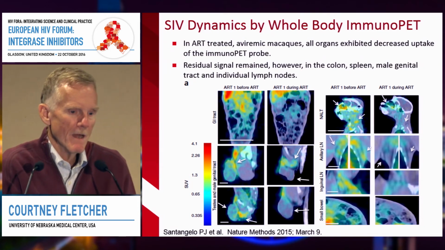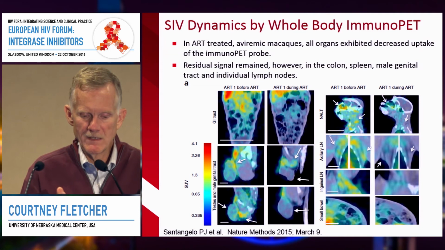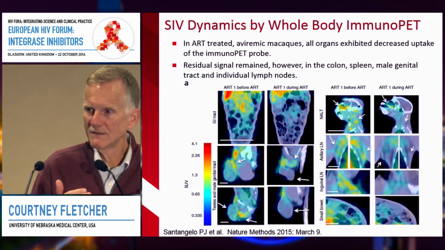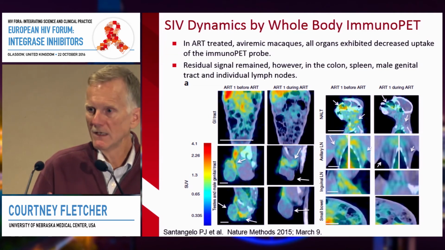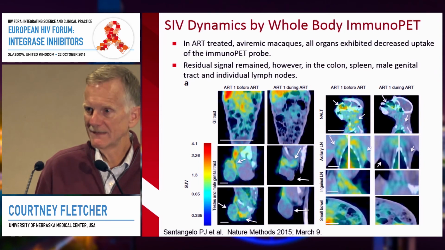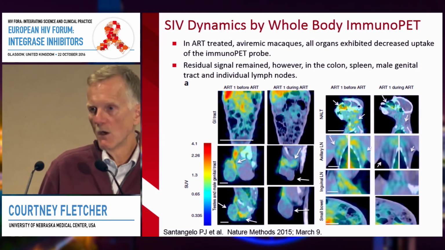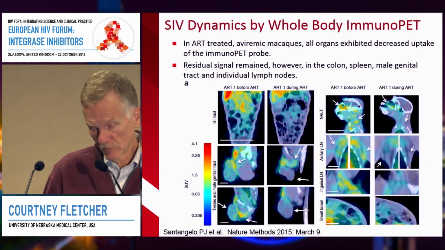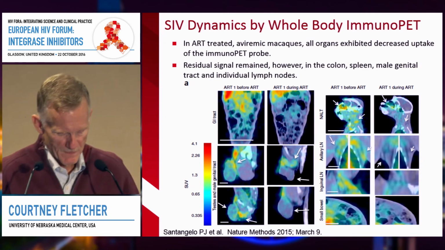And so is it low drug concentrations that are allowing replication to exist in some tissues, even though someone has suppressed virus in the plasma?